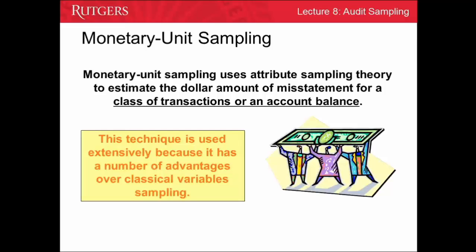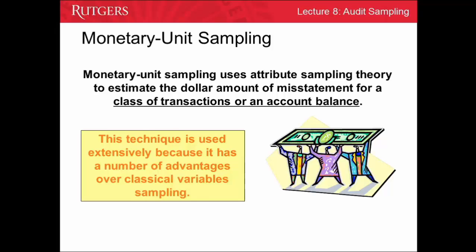The second type of statistical sampling technique is monetary unit sampling. Monetary unit sampling uses attribute sampling theory and techniques to estimate the dollar or other currency amount of misstatement for a class of transactions or an account balance.